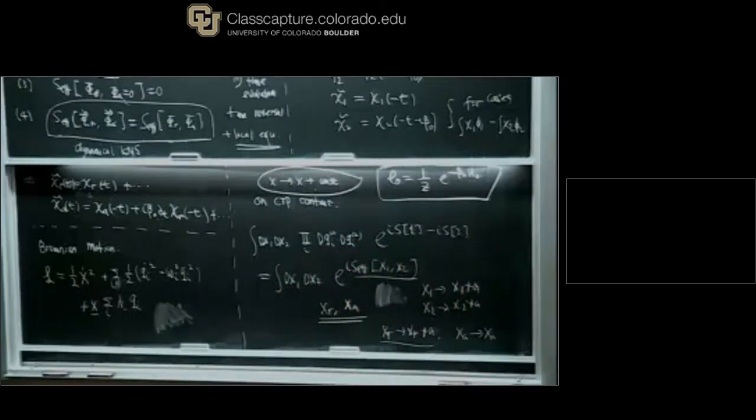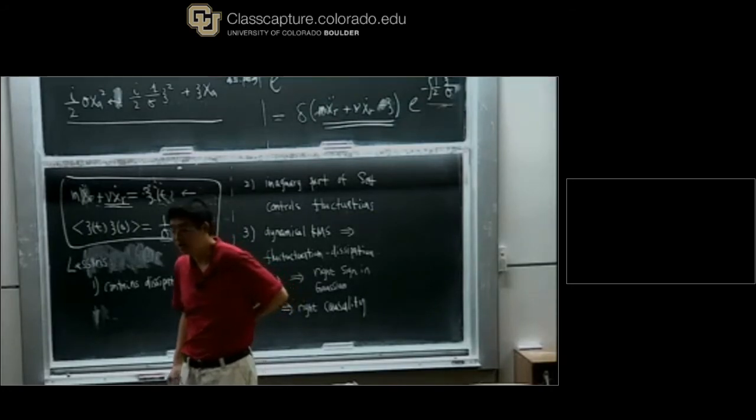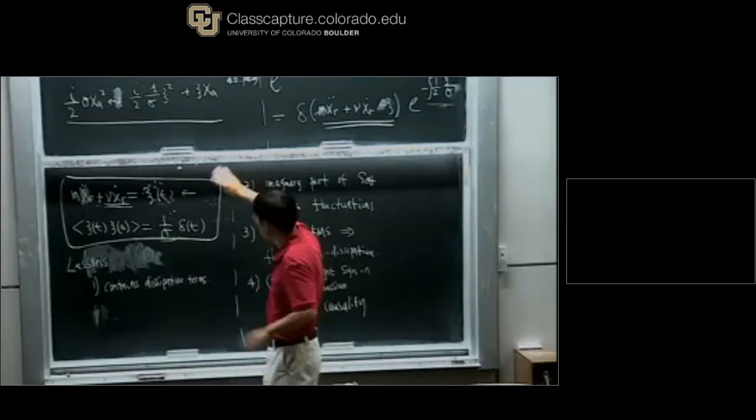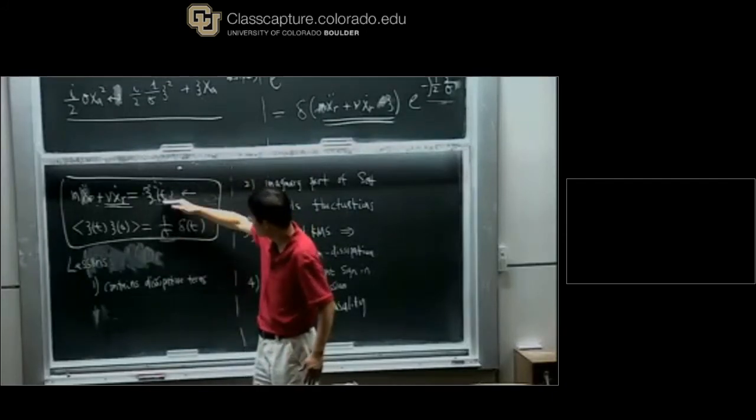So I guess it's typical in hydro that if you were going to put in some fluctuations, you would get some Gaussian. Exactly. With this formalism, you can systematically generalize this to the full hydrodynamic situation.